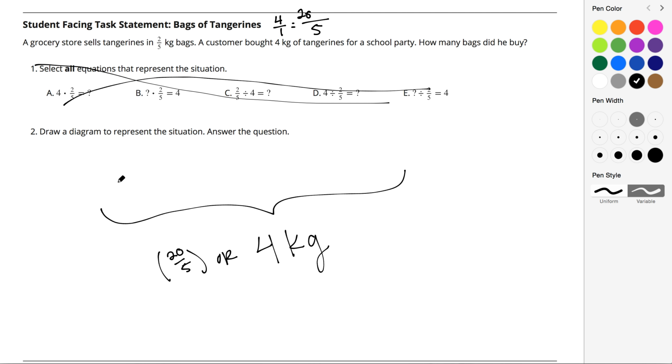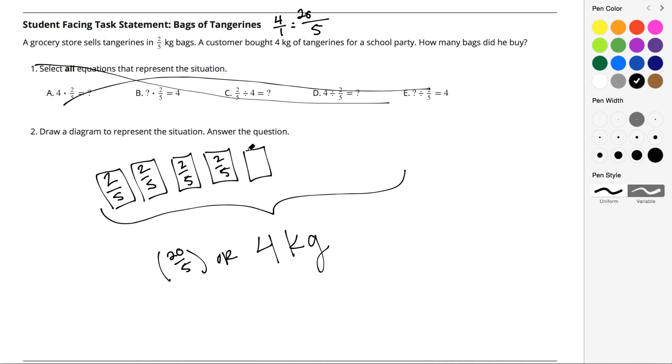So I need to count until I get 2/5 to be 20/5. 2/5. If I do another 2/5, now I'm at 4. If I do it again, now I'm at 6, 8, 10, 12, 14, 16, 18, 20.